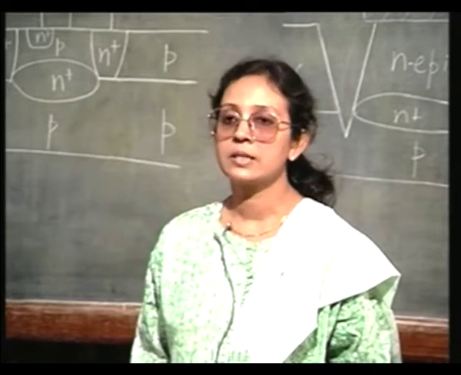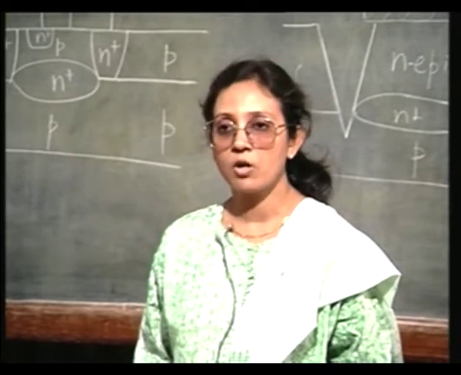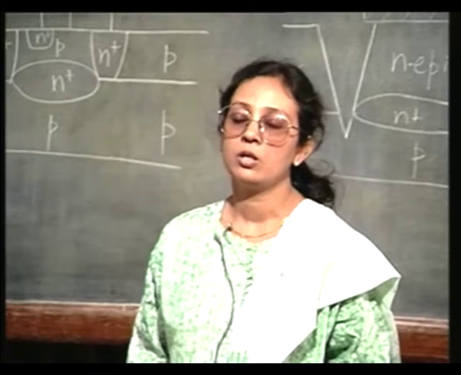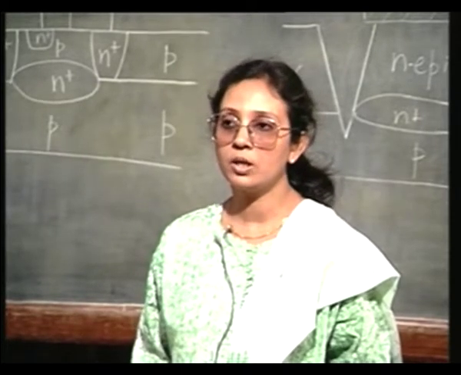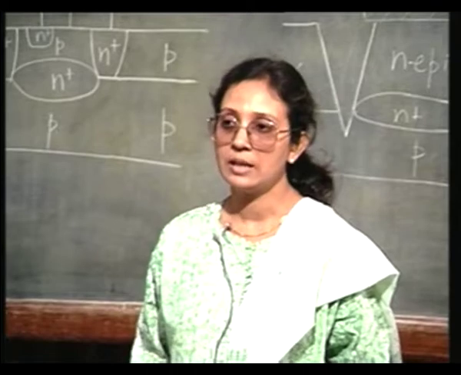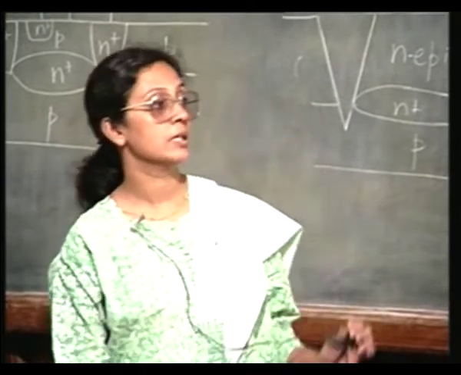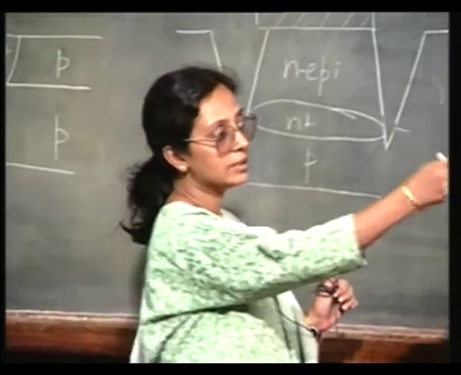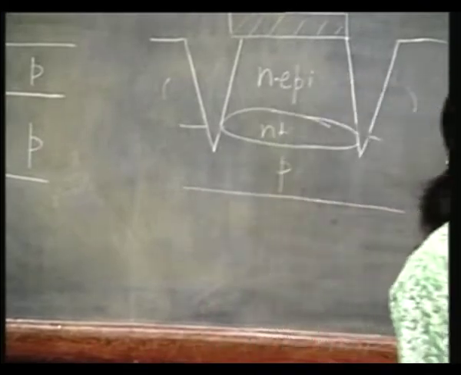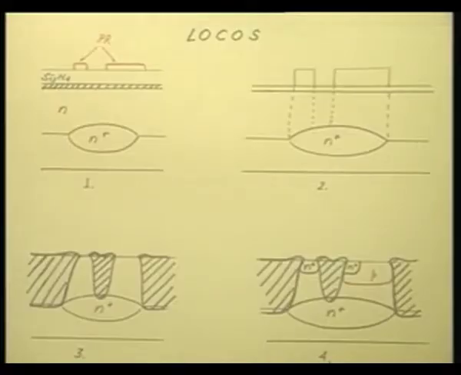So, now it is a selective oxide isolation, or referred to as LOCOS, local oxide isolation, that is the most prevalent technique today. So, if we look at the next card, we will find how a LOCOS isolation is taking place. LOCOS, that is local oxidation.